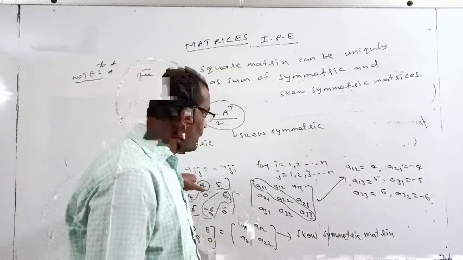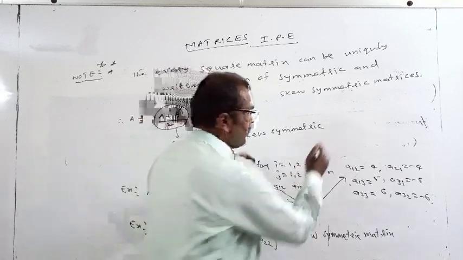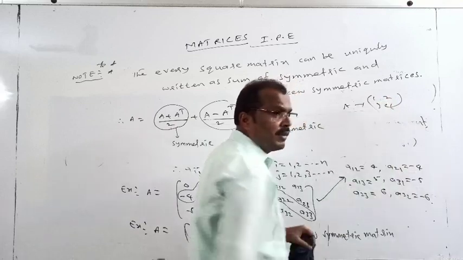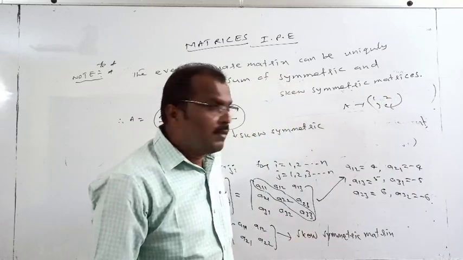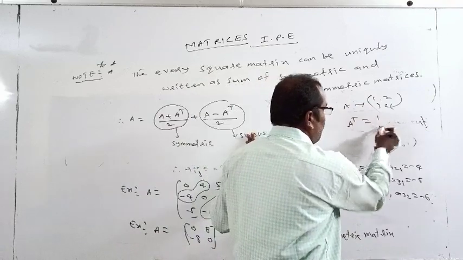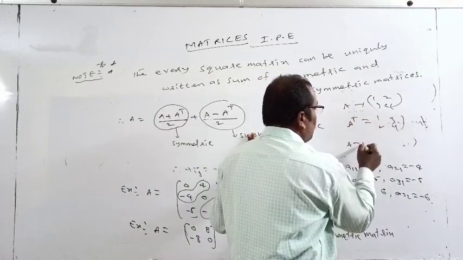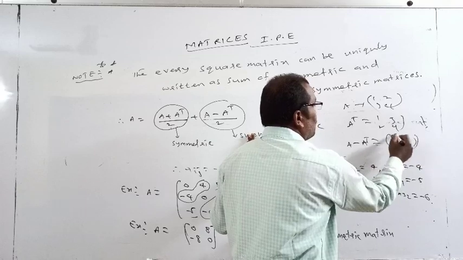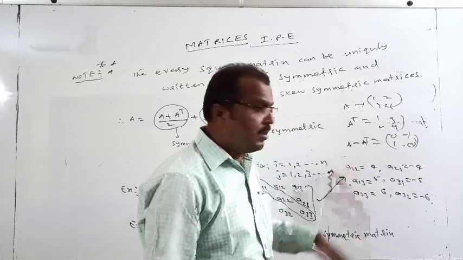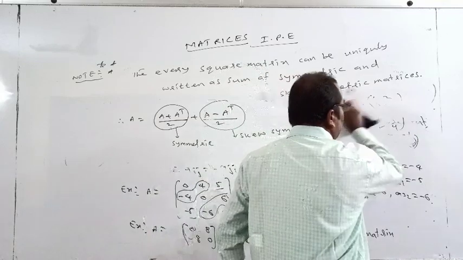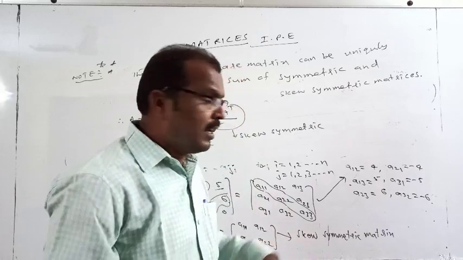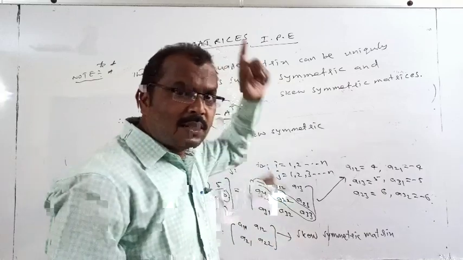So I give the example now. If A is a square matrix 1, 2, 3, 4, then A minus A transpose is 0, minus 1, 1, 0, as already seen in the example problem. So like that, A minus A transpose is always skew symmetric, and A plus A transpose is the symmetric matrix.